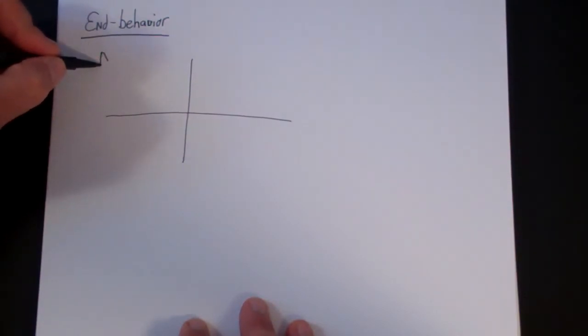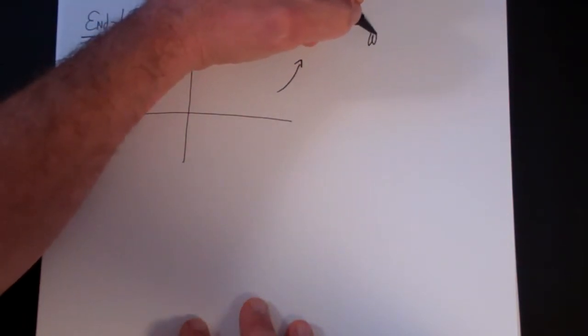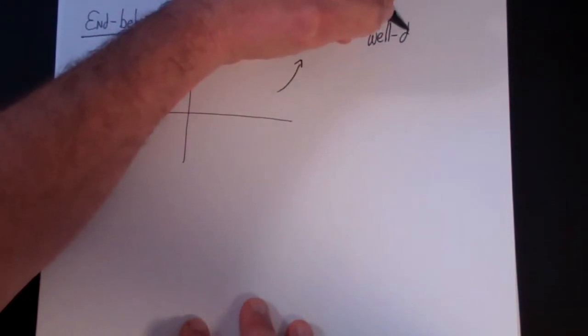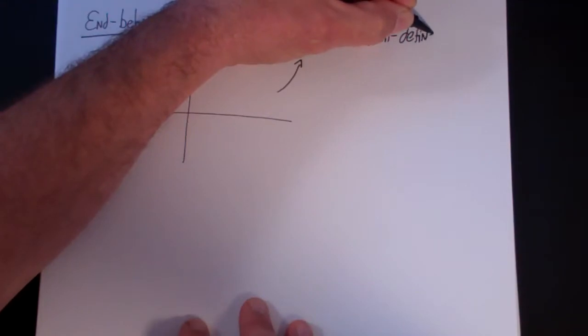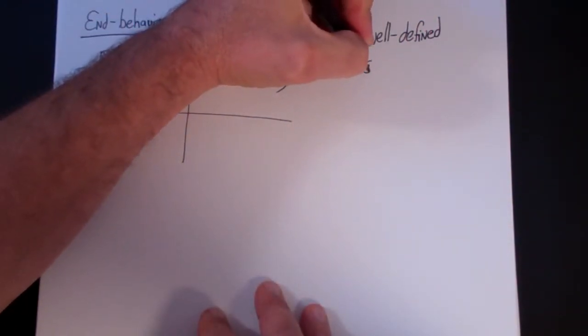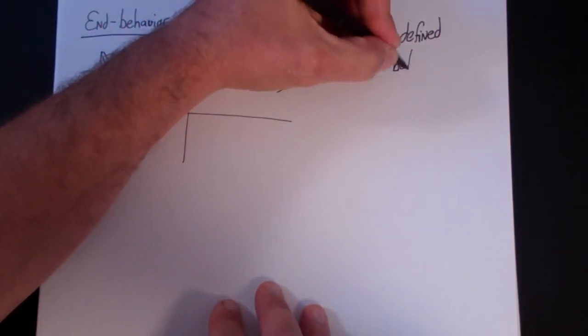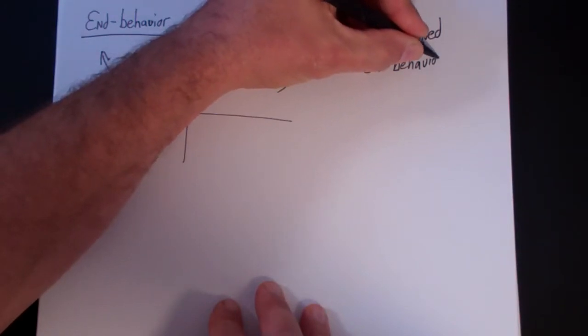In particular, polynomial functions are going to be well described, or well defined, at the extremes. So they have well defined end behaviors. And let me show you an example.